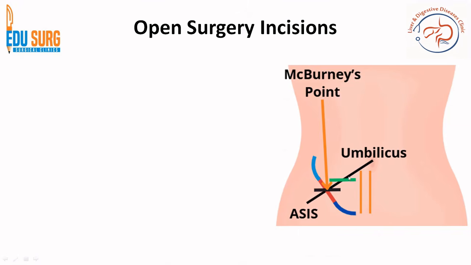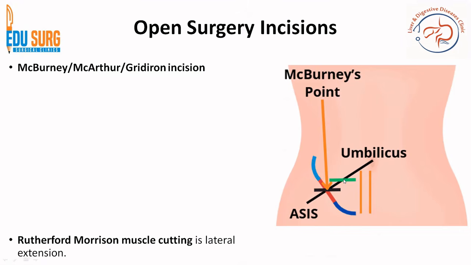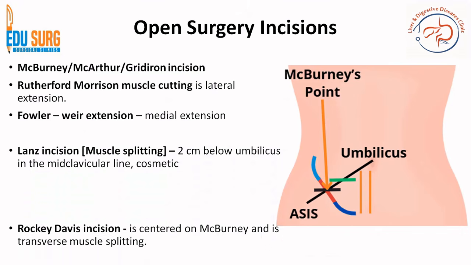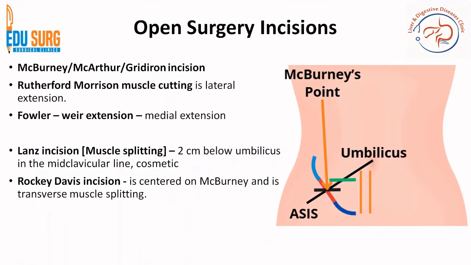You can have a Lanz incision, which is on the mid-clavicular line, roughly 2 centimeters below the umbilicus. You can have a Rockey-Davis incision, which is a horizontal incision placed at the McBurney point, and you can have a Fowler-Weir extension, which is the medial extension of a McArthur, McBurney, or gridiron incision.